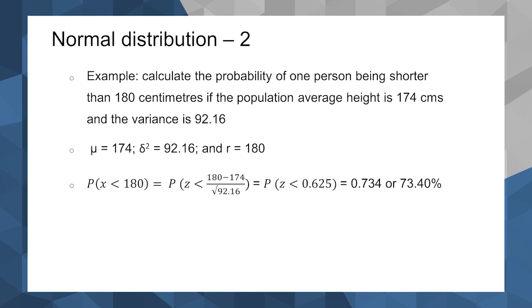So if we are calculating the probability of being below 180, that means I've got at least 50% plus a little bit more, which in this case is 73.4%. But make sure you remember that number of 0.625, and we will look at the table in a moment.